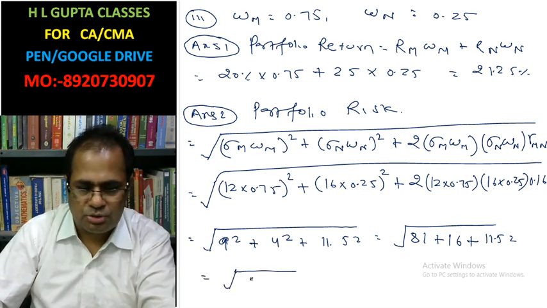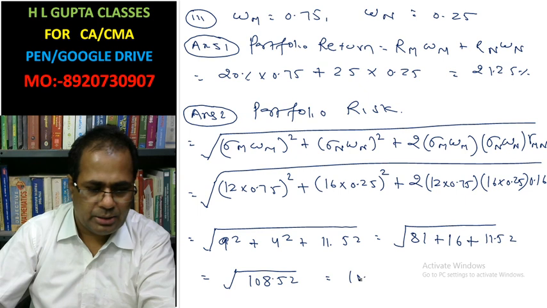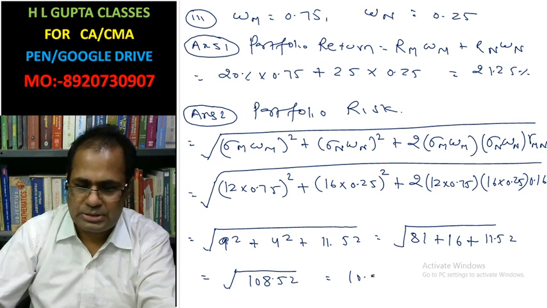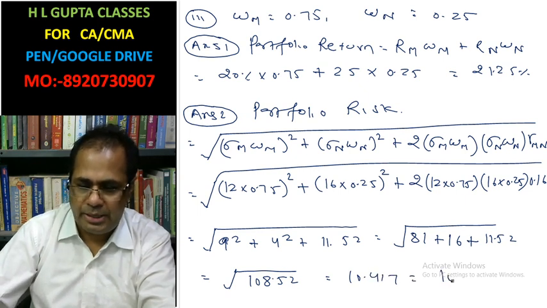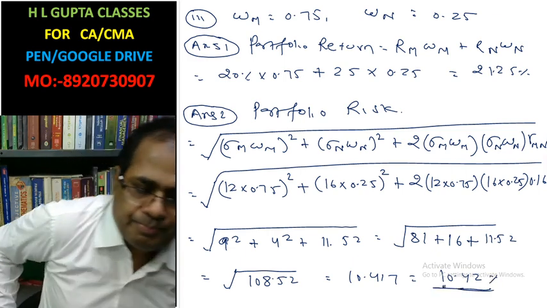After adding these all, 108.52. Root of it is 10.417, that is 10.42%. This is 10.42%.